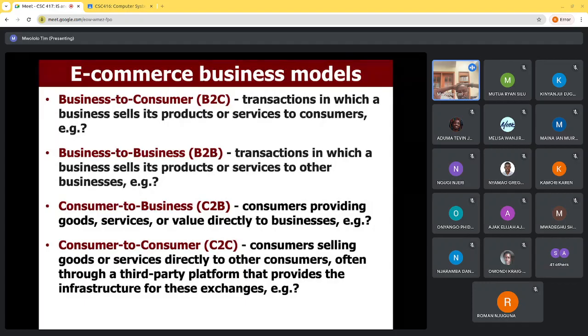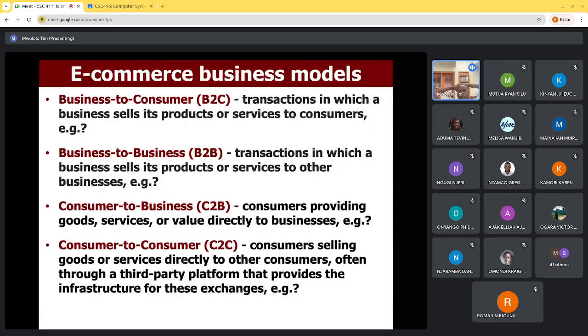Any questions on this? Yes. In consumer to consumer, have you mentioned something like PayPal? PayPal tends to be a facilitative platform for payments.